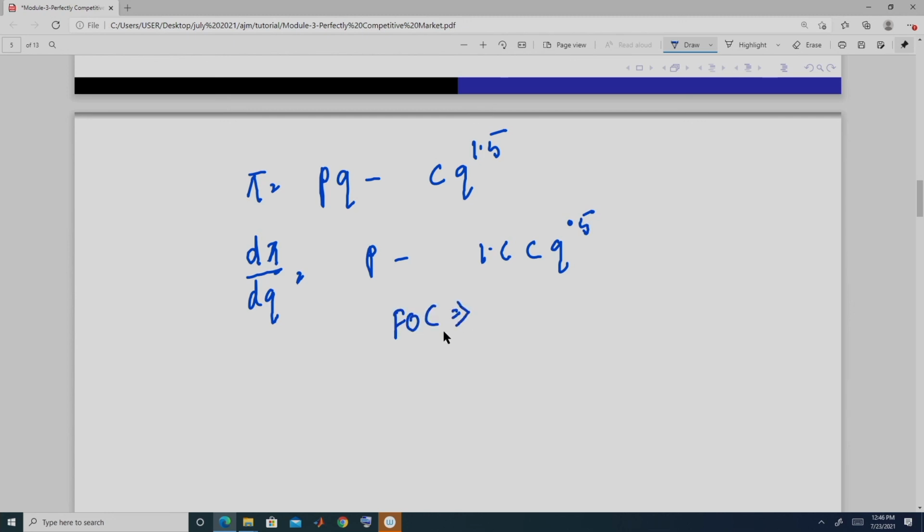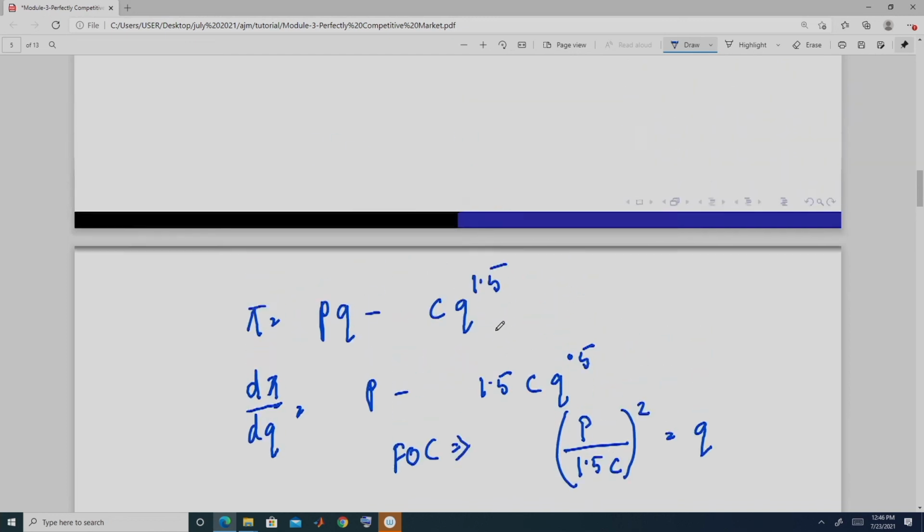First order condition implies it is this, right.